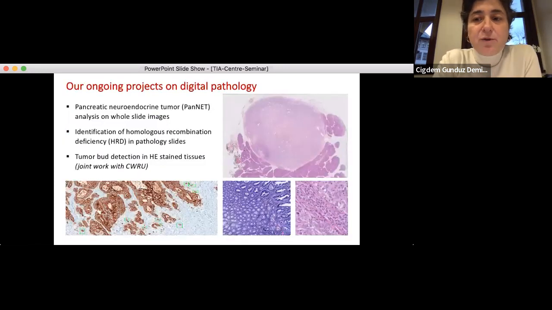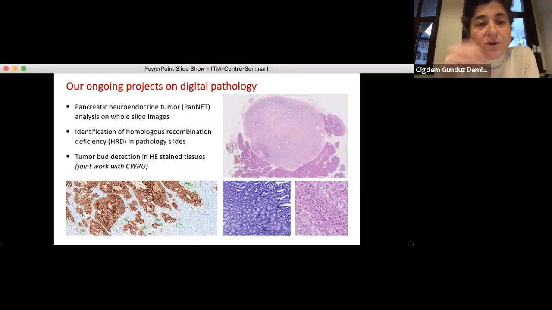Our second project, which is also a recent project, is identifying homologous recombination deficiency in pathology slides. Here, the aim is to discover cell characteristics associated with homologous recombination deficiency, and it requires segmenting and characterizing the cells. And the last project is detecting tumor buds in H&E stained tissues.